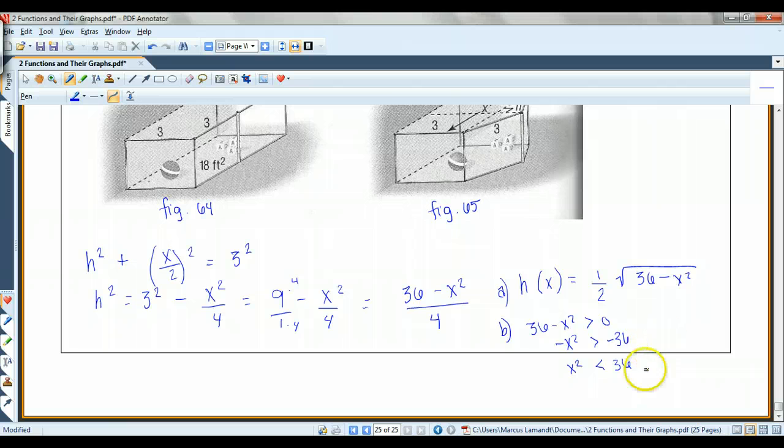And then we have something very similar to the problem before, where x is bigger than negative 6, x is less than positive 6. Okay? Now, because x is the length of a side, we also know that x has to be greater than 0. So using these two things, we know that the domain is from 0 to 6.